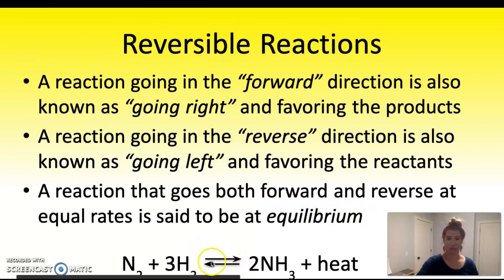Okay, so that double arrow. And we talked about a forward reaction and a reverse reaction. So when reactants become products, that's forward. When products become reactants, that's reverse. When those rates are equal, then it's no longer going forward or in reverse, it's hit equilibrium.